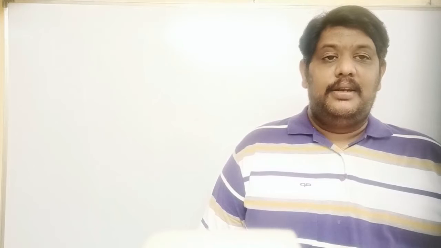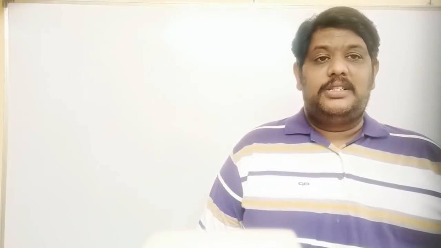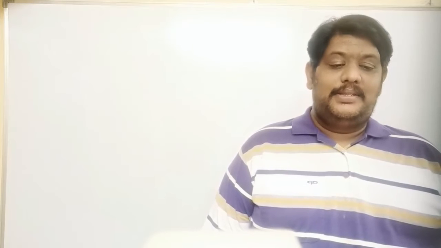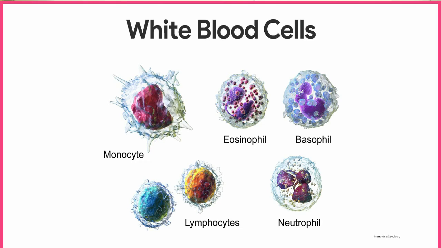You can see here, there are three different kinds of blood cells. One is red blood cells. You can see here red blood cells. Red blood cells are also called erythrocytes. And then we have the white blood cells. There are eosinophils, neutrophils, basophils, monocytes, and lymphocytes.